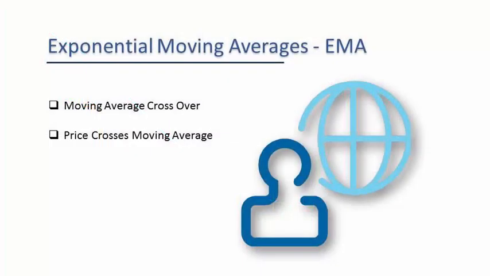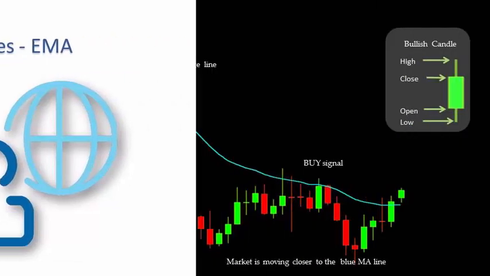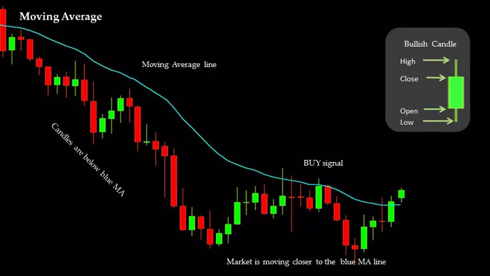The first method is the fast moving average line crosses the slow moving average line. And the second method is when price crosses the moving average line. We will start with a bullish crossover. You can clearly see that the market is in a steep downtrend below the blue moving average line. Then the market starts to move sideways in an attempt to cross the moving average.